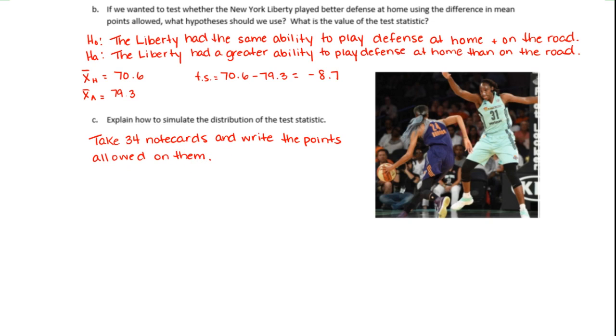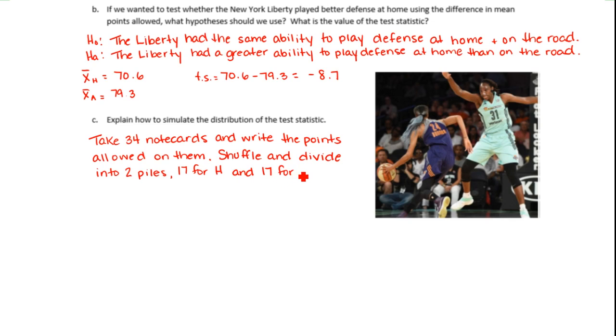Calculate the mean of each pile, and we're going to shuffle and divide them into two piles. Subtract: 17 for home and 17 for away. The mean of home minus the mean of away.